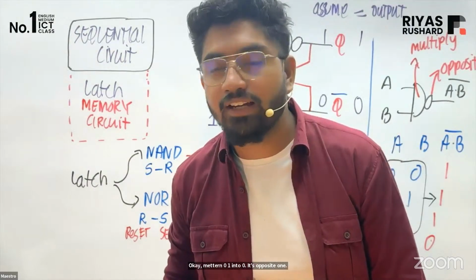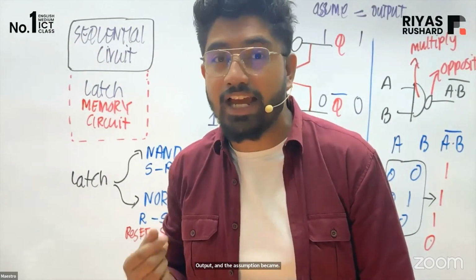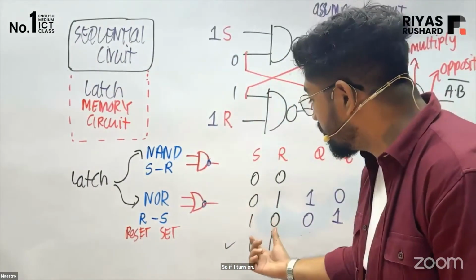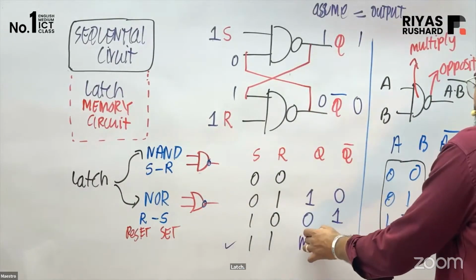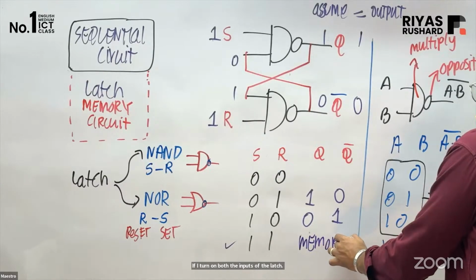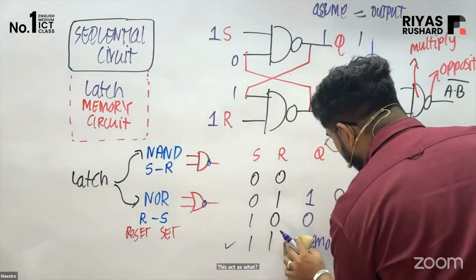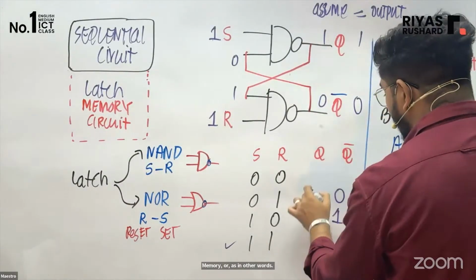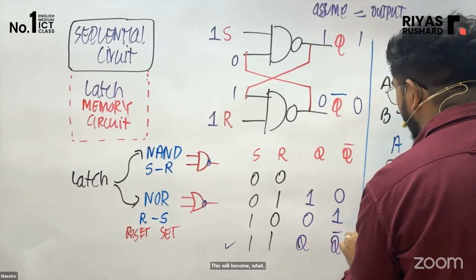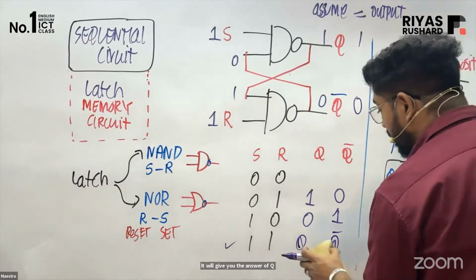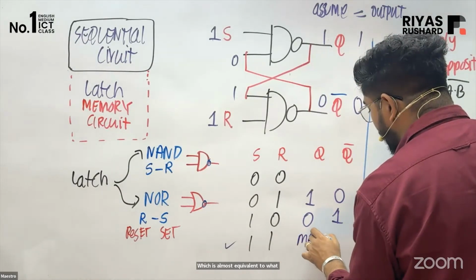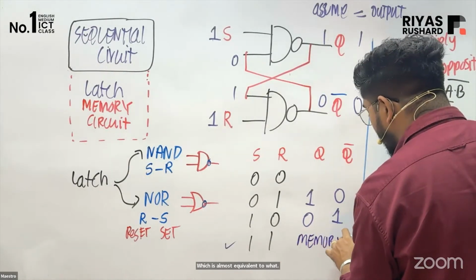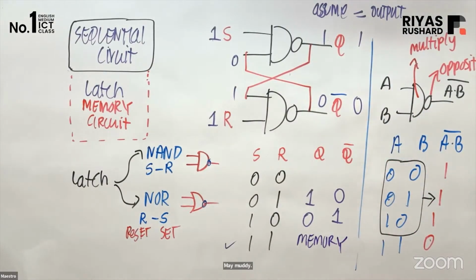So if I turn on both the inputs of the latch, this acts as what? Memory. Or in other words, it will give you the answer of Q and Q bar, which is almost equivalent to memory.